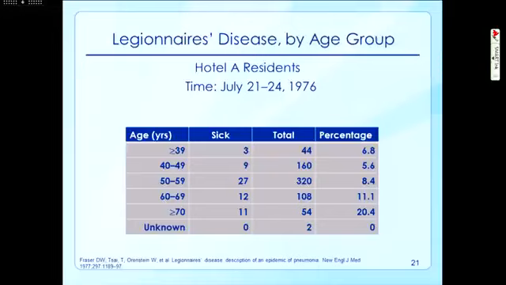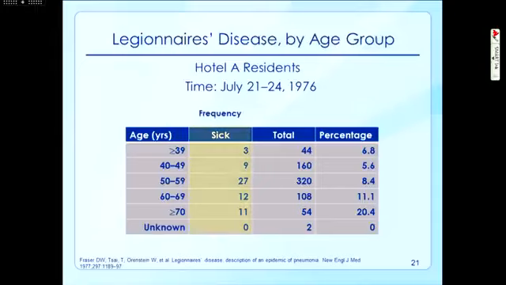CDC investigators focused on a particular hotel as the possible source of the outbreak because it was a common factor among persons who actually were ill with this unusual pneumonia-like illness. The investigators wanted to find out if any trends existed by age group among hotel guests who became ill. So they looked at the different age groups, and that's shown in the rows of this table.